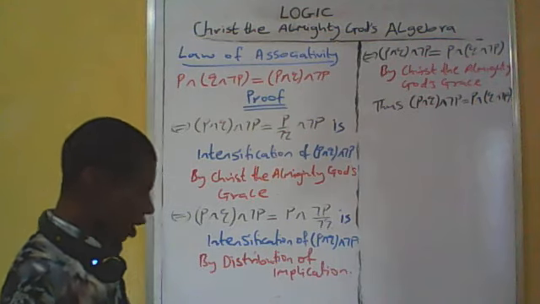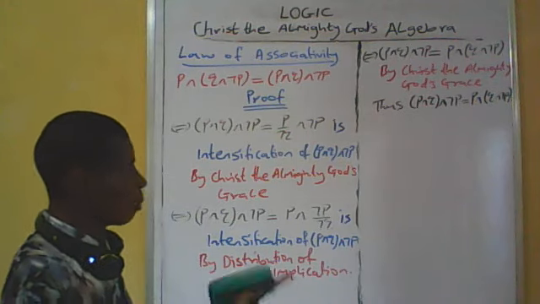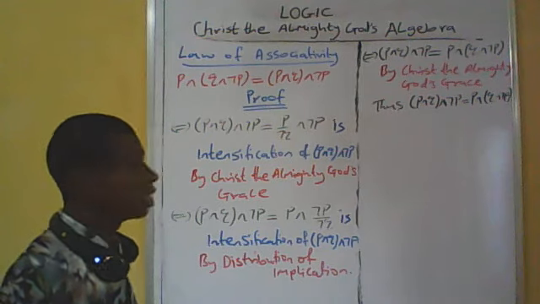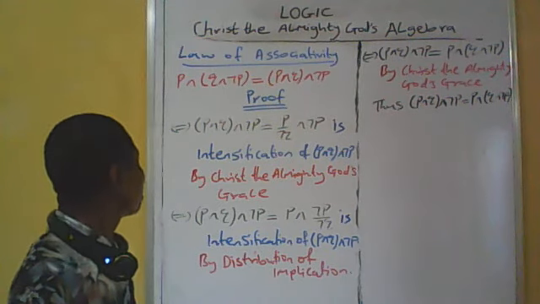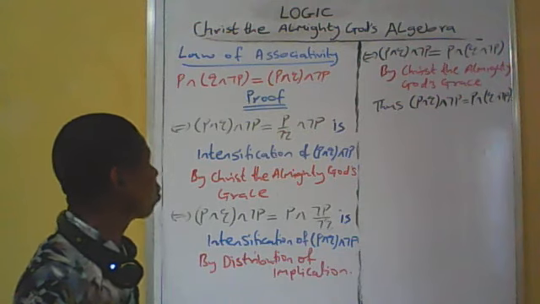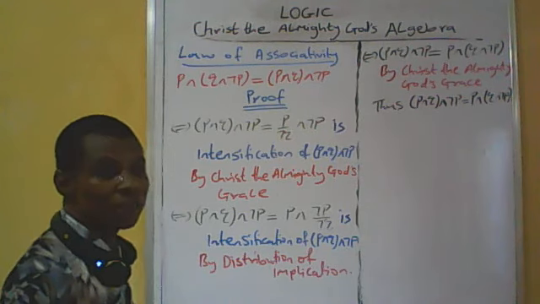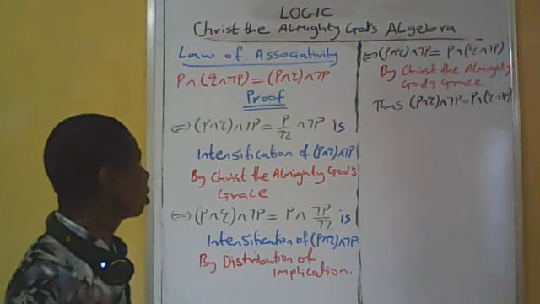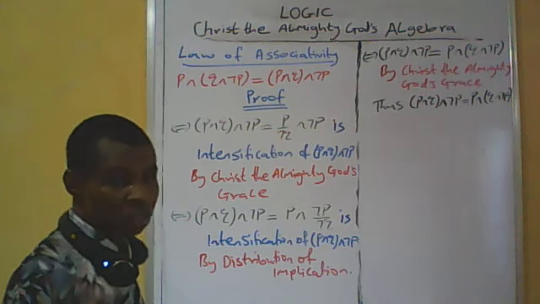So having proved the converse by the principle of equality, we then establish that P and bracket Q and not P is equal to bracket P and the Q and not P, the law of associativity by conjunctive statement.